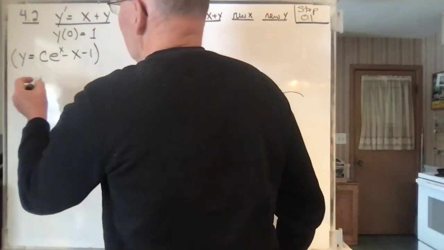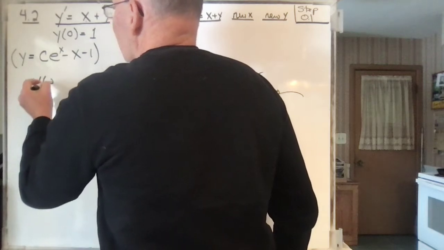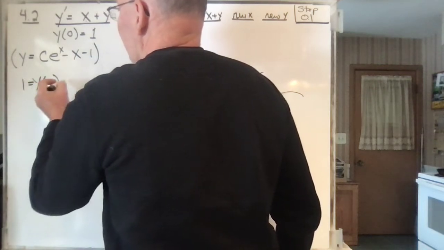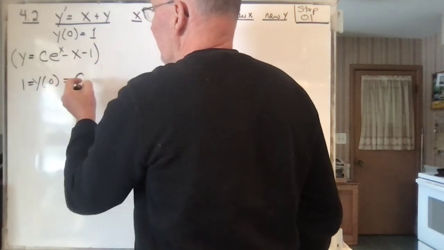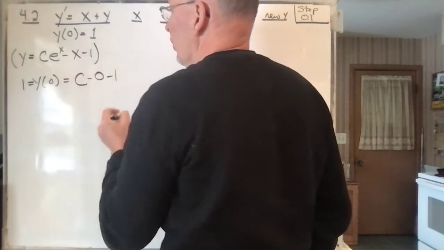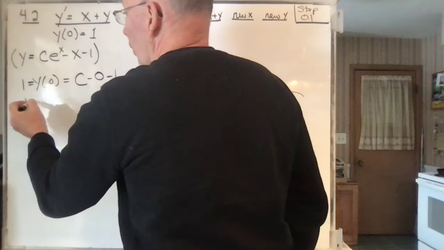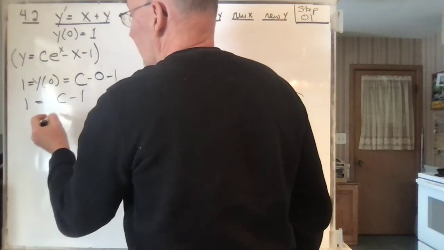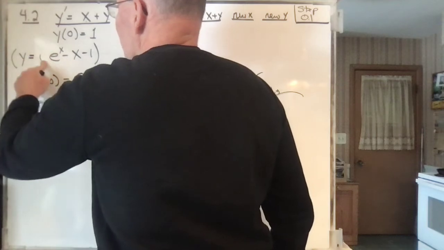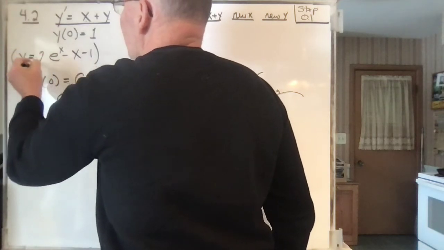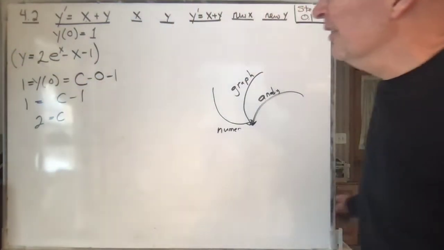Y of 0 is equal to 1, and if you stick in a 0 for x, you get c times 1 is c, minus 0 minus 1, so 1 is equal to c minus 1, and so obviously c is equal to 2. So here's the solution to that initial value problem.